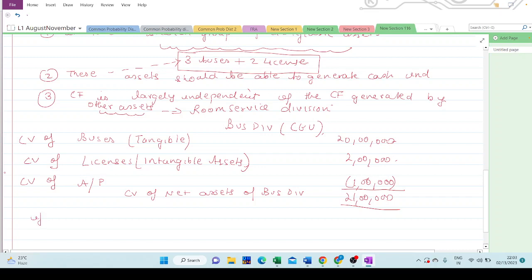So write this down. If Neptune Tourism acquires some other travel agency.